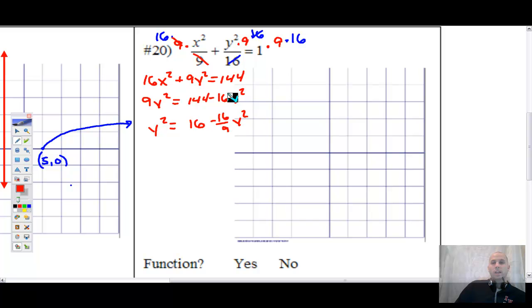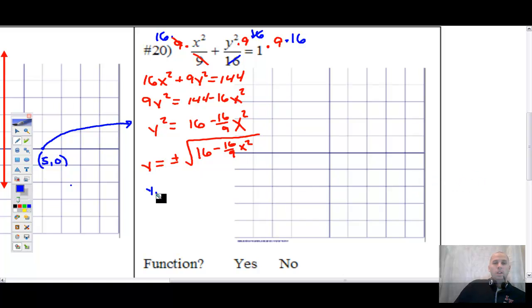Leave this as a fraction, 16 over 9. To get y by itself, you square root both sides, and you get plus or minus the square root of 16 minus 16/9 x squared. When you put this in your calculator, you have to put it in twice.